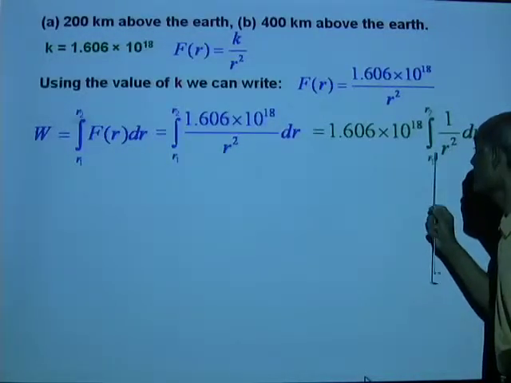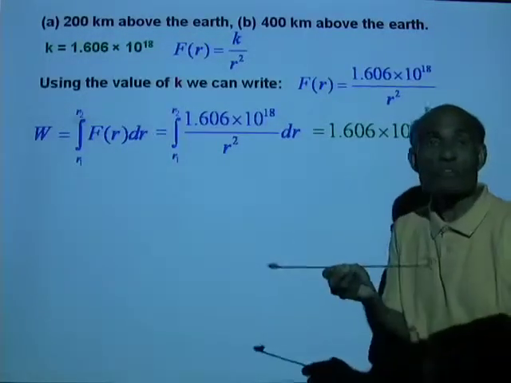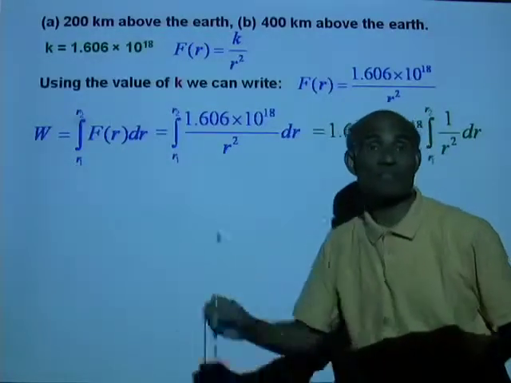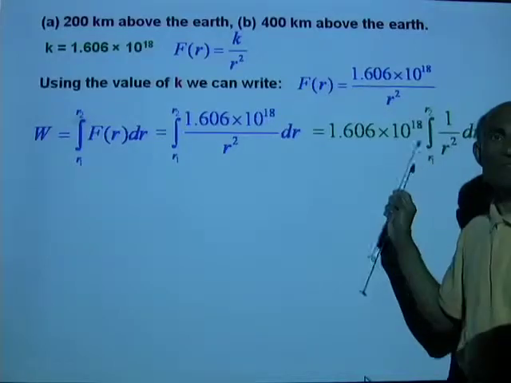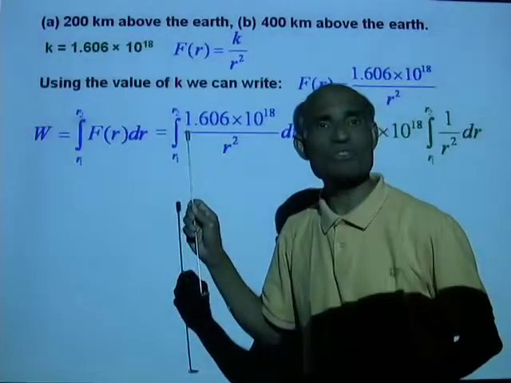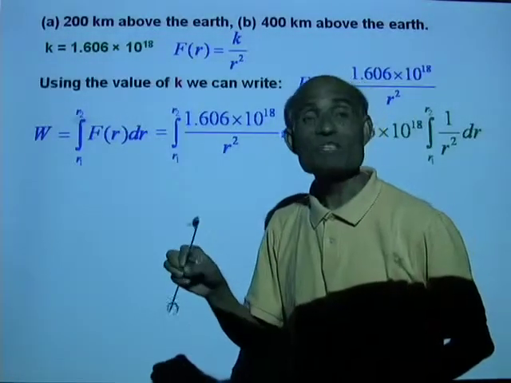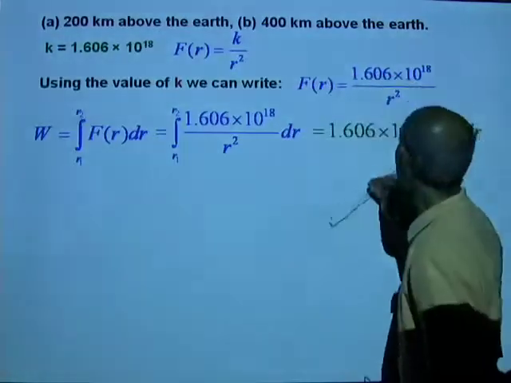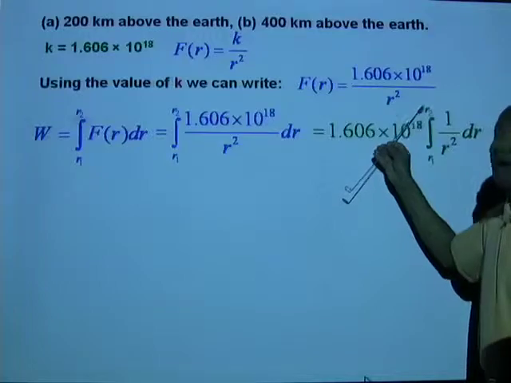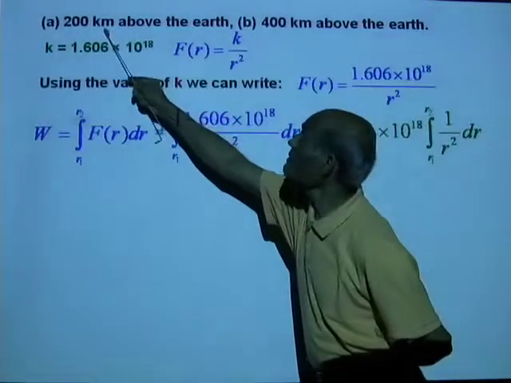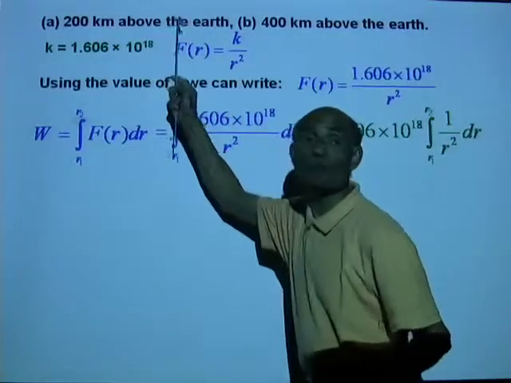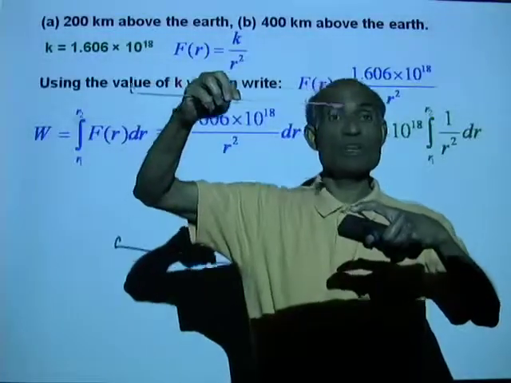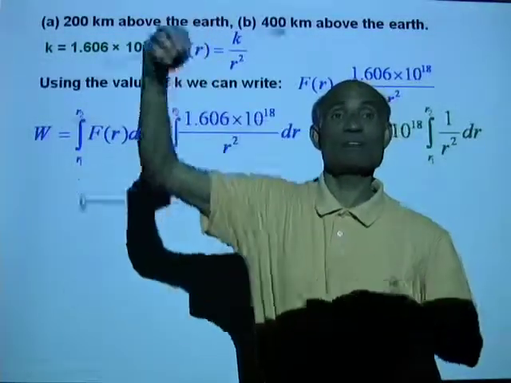Alright, what is R1? R1 is the distance of the surface of the Earth from its center, which is the radius of the Earth. And what is the radius of the Earth that we said we will be using? It will be 6.4 times 10 to the 6th meter. And what is R2? R2 is 200 kilometers above the Earth. That means the total distance is the radius of the Earth plus 200 kilometers.